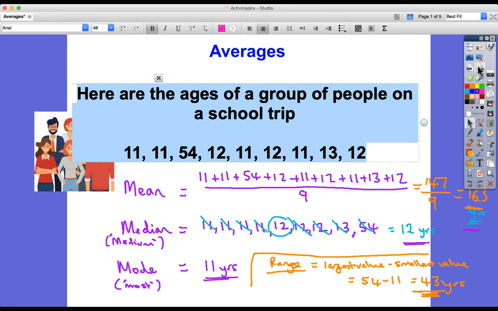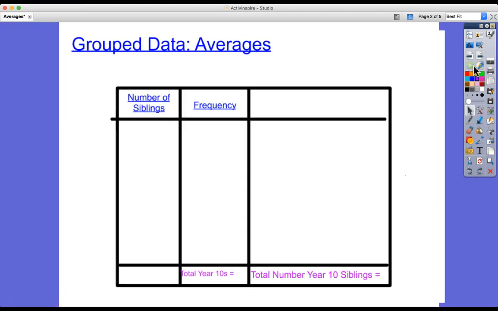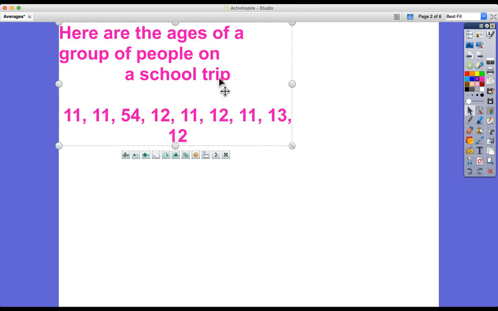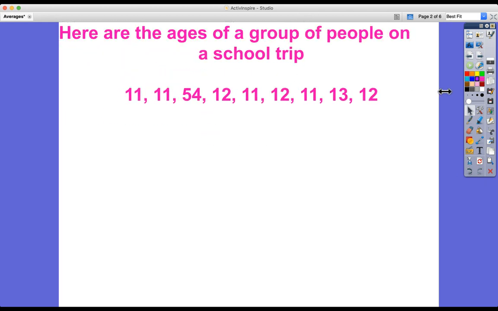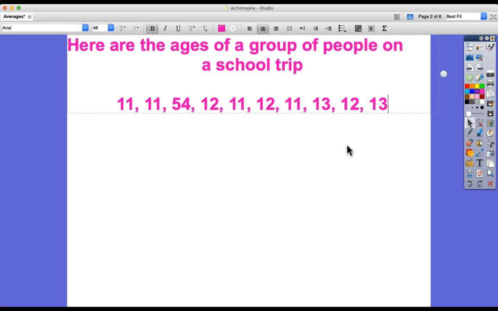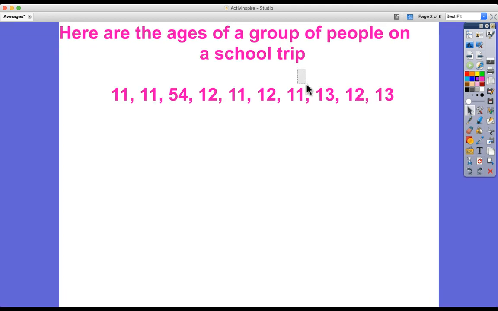I'll go to the next page and have a look at what would happen if I added on another value. So let's add another 13-year-old on. Somebody else joined the trip and they were 13 years old.